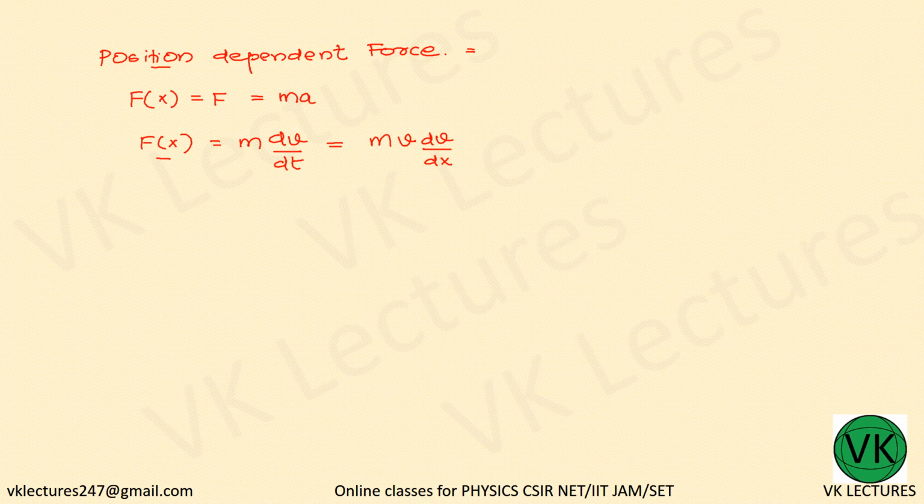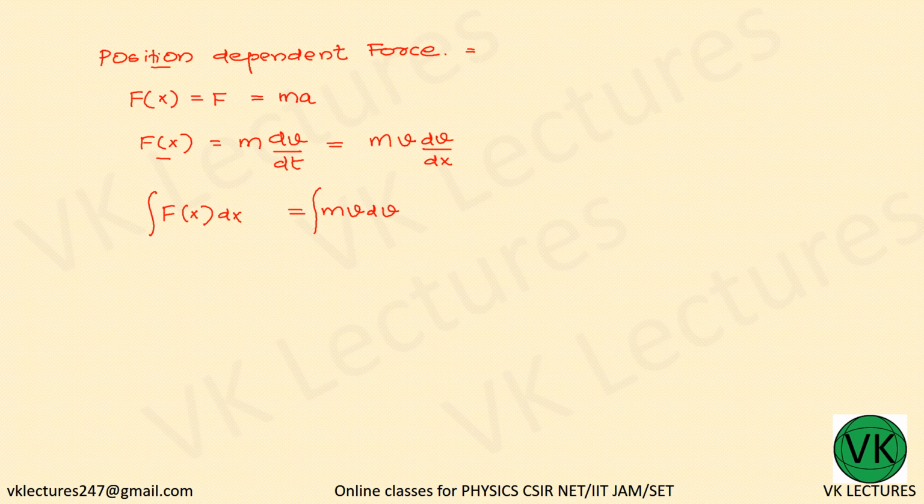So F of x into dx is equal to mv dv, just rearranging the variables, and this integral F of x dx is nothing but the work done, equal to the integral of mv dv.